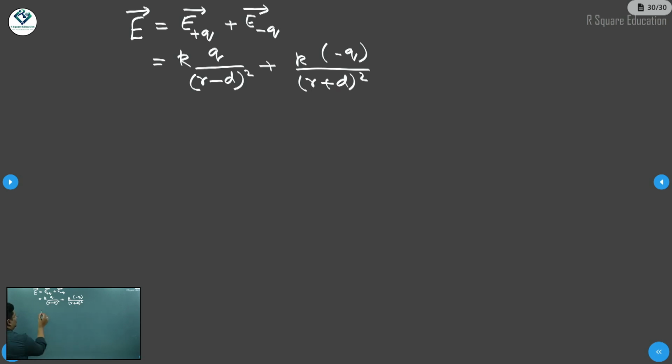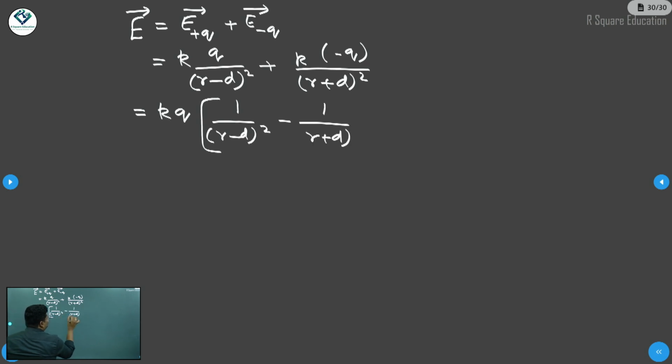Fine. Now KQ common. So I'll have 1 by (R minus D) whole square minus 1 by (R plus D) whole square. Correct? Can I take LCMs?